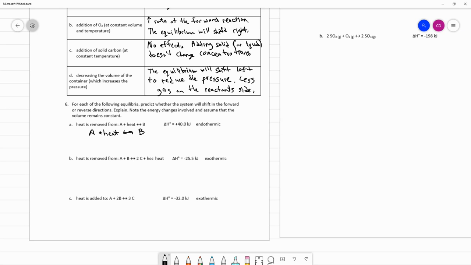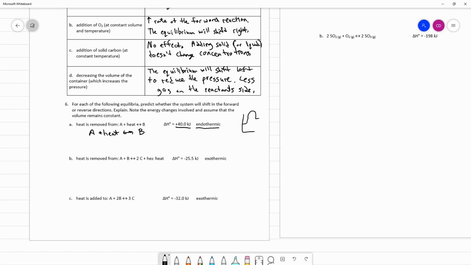Notice how I wrote heat as a reactant in this case on the left-hand side, because we are told that this is an endothermic reaction. It has a positive enthalpy and positive delta H. Remember that positive delta H's are endothermic reactions. We did a whole bunch of these kind of things.